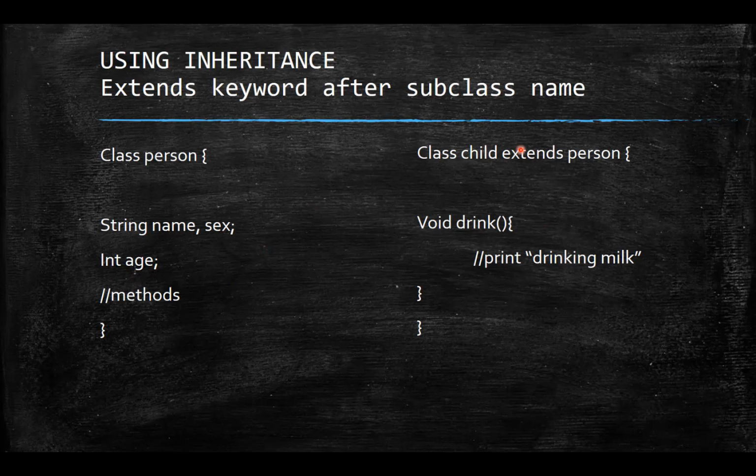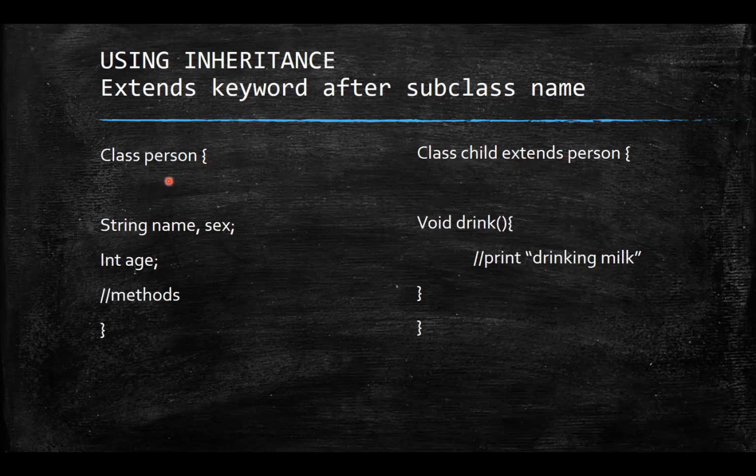But here, this one is the child. So, class and then the subclass name, extends the name of the superclass, which is Person. Now, what the child has is a drink method. So, the child can drink milk. But the child can get the variables of Person because we inherited them using the extends keyword.